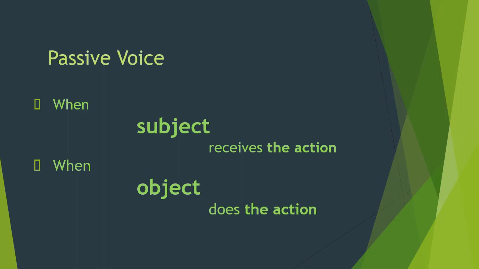A sentence is said to be in passive voice when the subject is acted upon. It is used very less. That is, when the subject receives the action, the subject is said to be passive. So, the sentence is in passive voice.